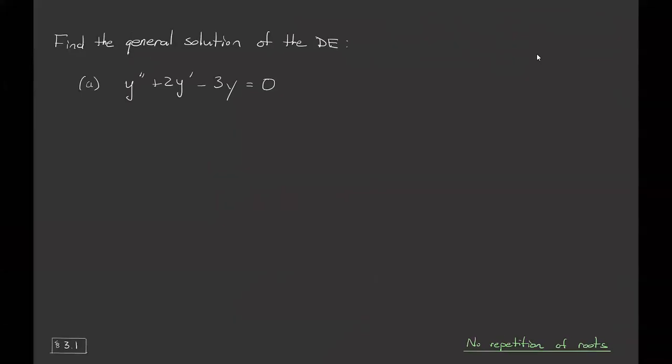Okay, first thing, find the general solution of this differential equation. The first step is to find the characteristic polynomial. So we do that. Let me copy this, shrink it, highlight coefficients.